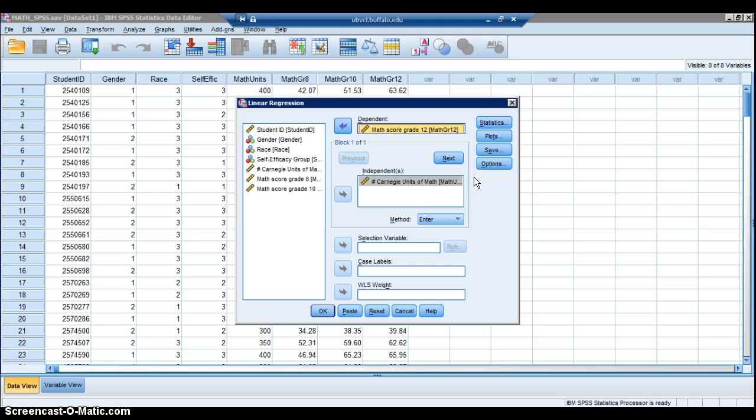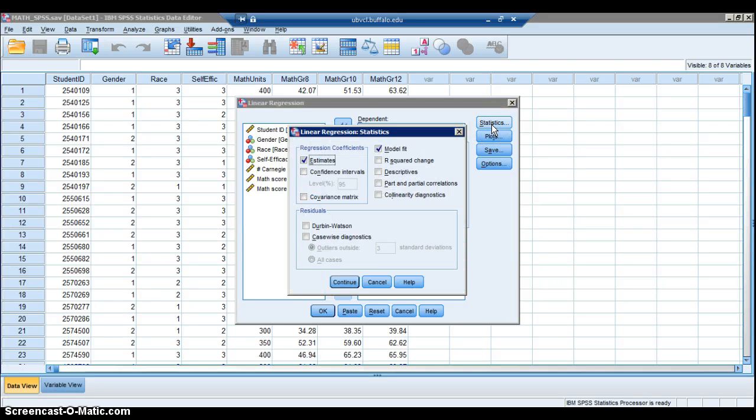And that in itself will just run the simple regression. Just because some of the questions on the exercise 21B homework will ask for it, we're going to go to the statistics box and then just check off a couple of extra boxes. For example, R squared change, descriptives, okay?